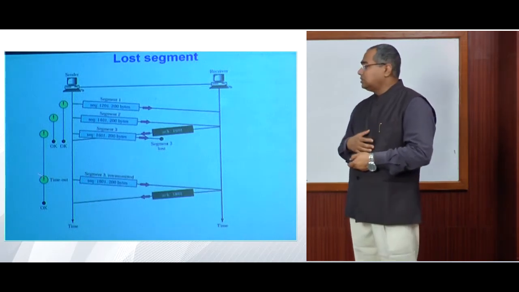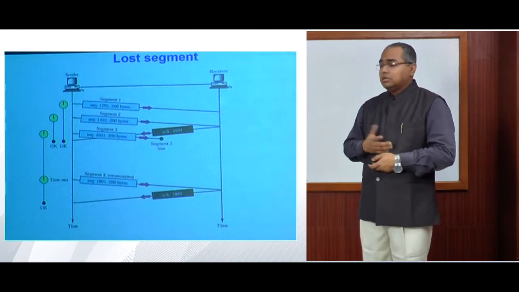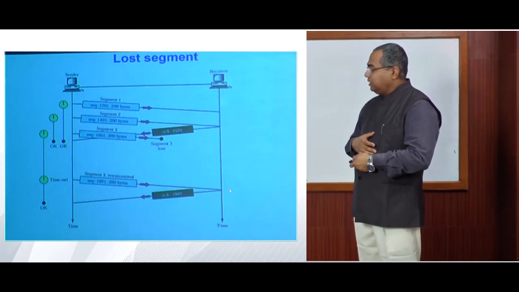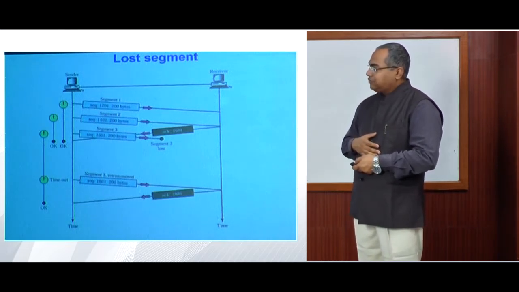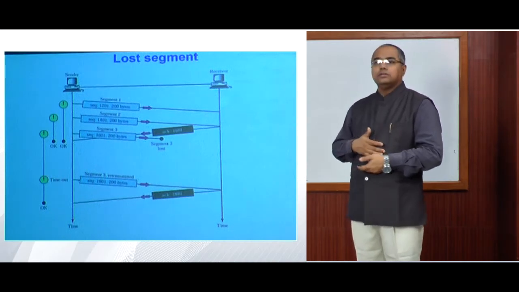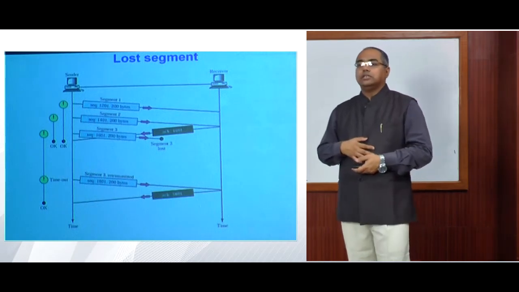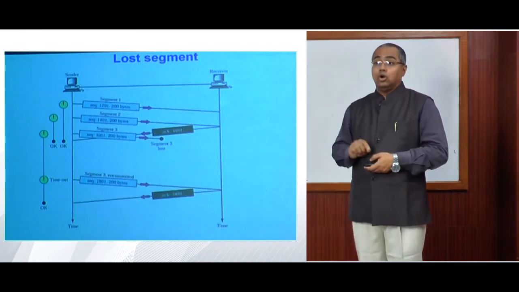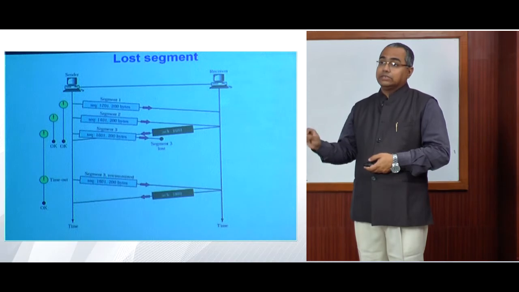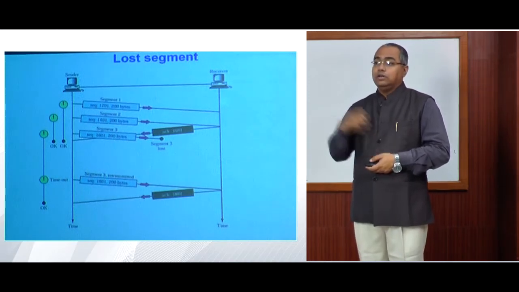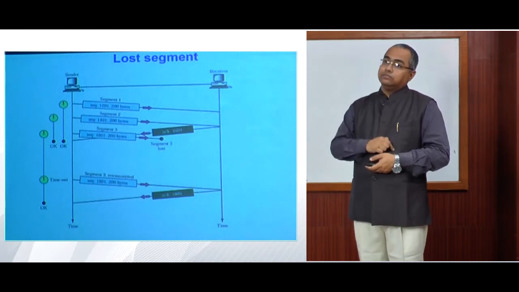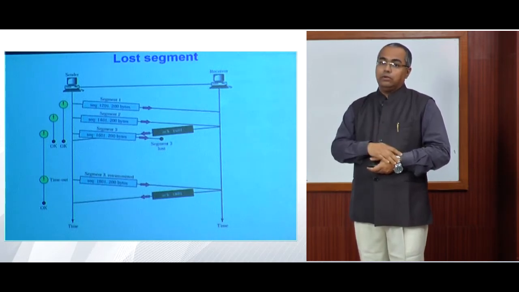Now what happens? Segment 3 gets retransmitted. Once it is received properly, it gets acknowledged. If the acknowledgement comes back within the timeout period, it's fine. Again the query will come: sir, how many times does it get retransmitted? As long as it gets transmitted and received properly by the receiver, and the acknowledgement comes in proper time within the timeout period.